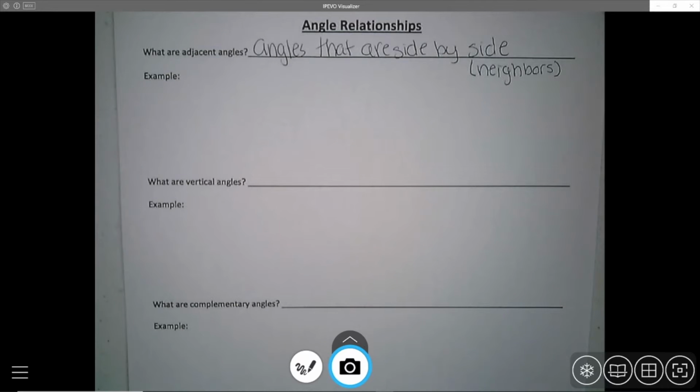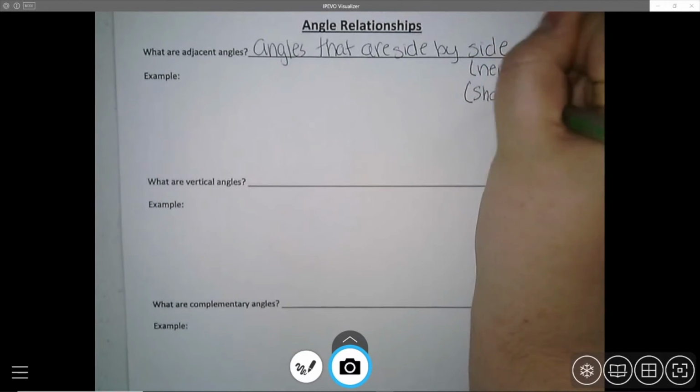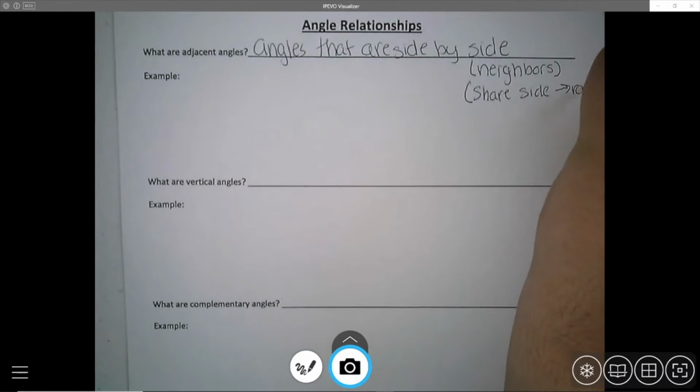Like, I have a neighbor above me, and a neighbor to one side of me. Those neighbors would be my adjacent, those are my adjacent angles. Something else adjacent angles have is they share a side, which, remember, sides of angles are rays. So they have a shared side, a ray that both of them have in common.